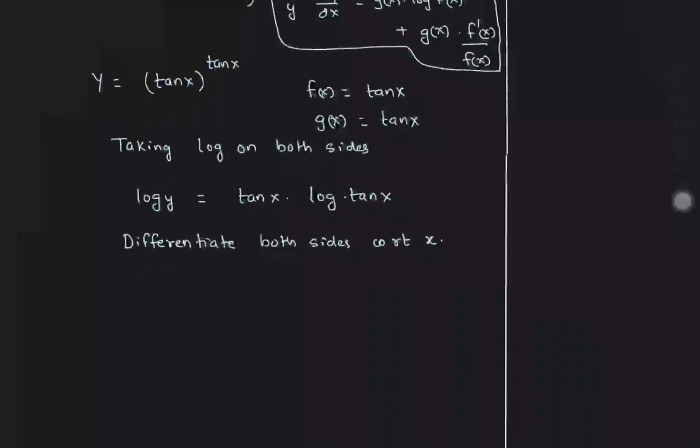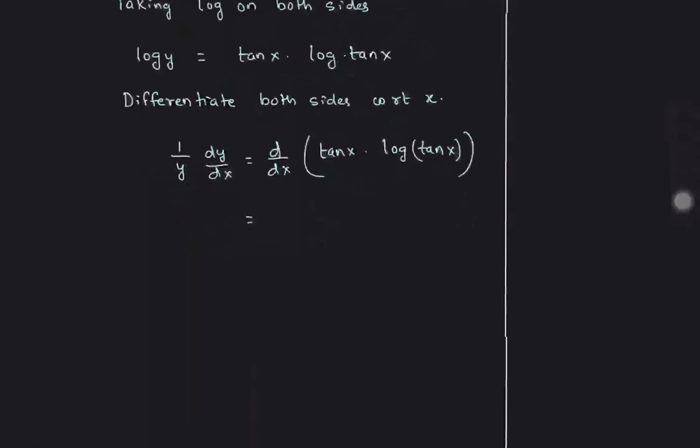So differentiation of log y will be 1 over y dy over dx and differentiation on the right hand side, let's write it as d by dx of tan x multiplied to log of tan x.